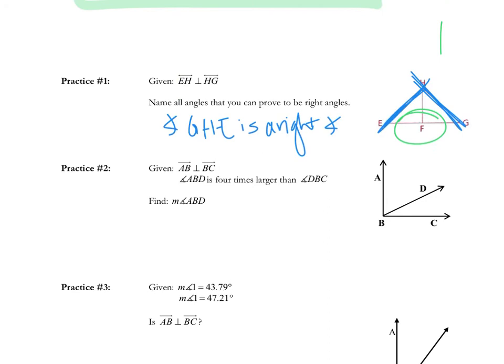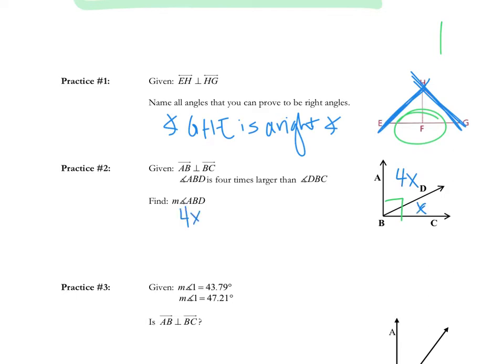Example 2 says ray AB is perpendicular to ray BC, which means this is a 90-degree angle. A 90-degree angle means it adds up to 90 degrees. Angle ABD is 4 times larger than DBC. So remember, with these types of problems, we want ratios. So this is 4x. Make sure we include the variables.